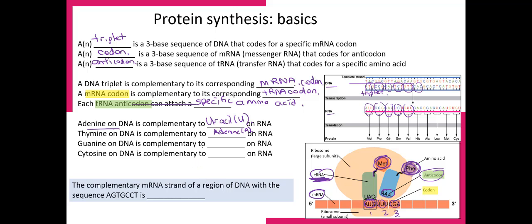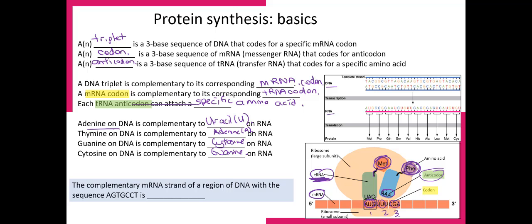If you have guanine on the DNA strand, then it's complementary to cytosine on the RNA strand. If you have cytosine on the DNA strand, then it's complementary to guanine on the RNA strand.